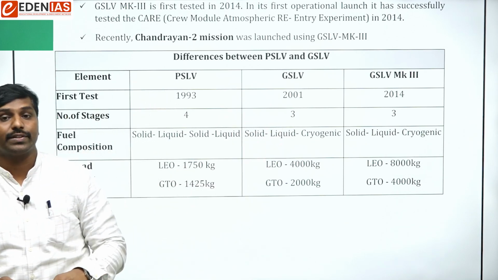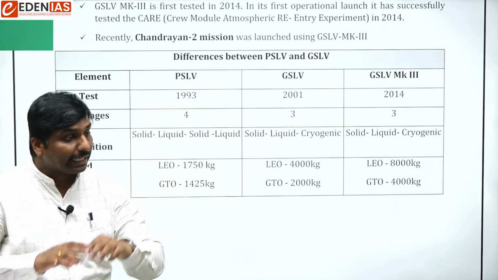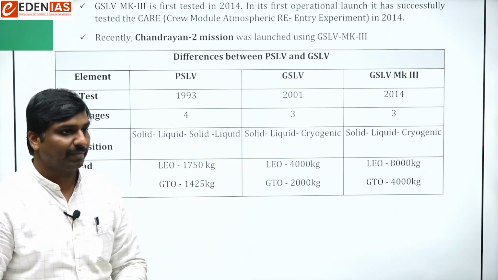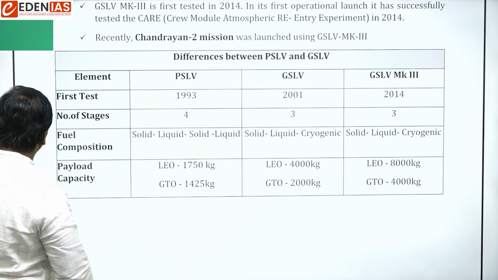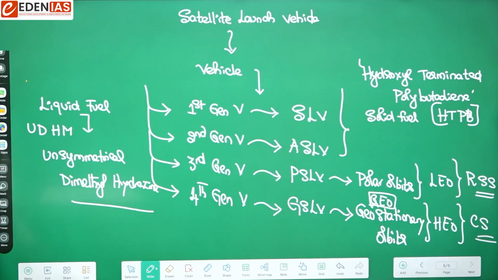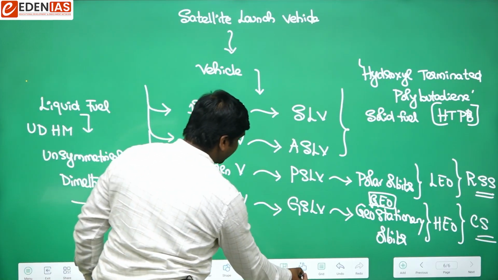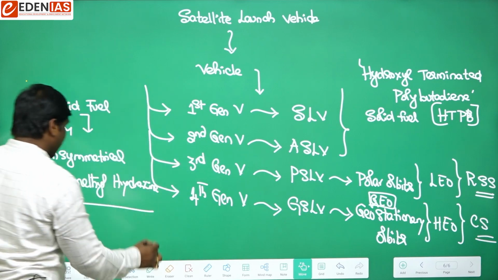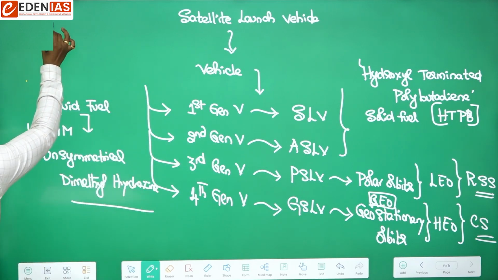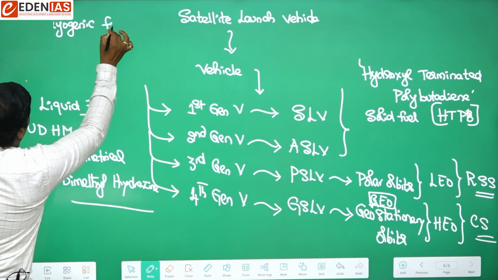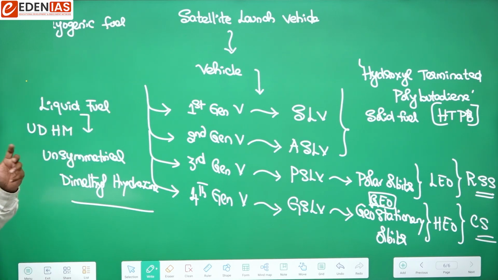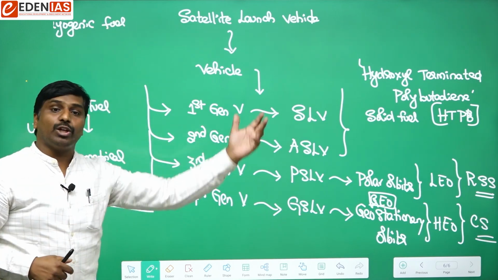Cryogenic fuel means the fuel which works at extremely low temperatures. Extremely low temperatures. So usually cryogenic engines use cryogenic fuel. So usually whenever you get the word cryogenic, it is at extremely low temperatures.